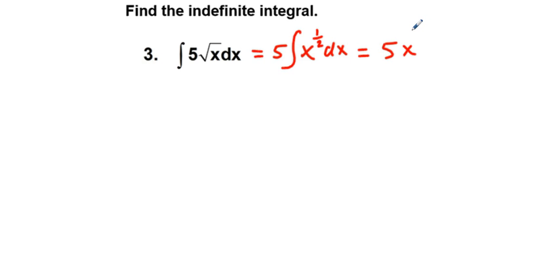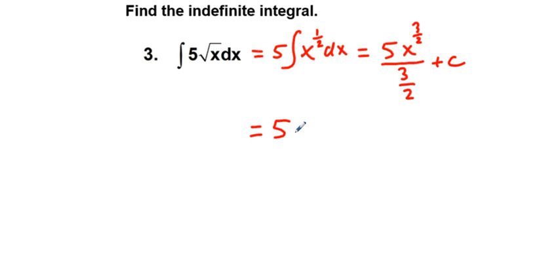that'd be 2 over 2 plus 1 over 2 is 3 over 2, so we have x to the 3/2 power, and we're dividing by what we bumped up to, which is going to be dividing by 3/2 plus c.